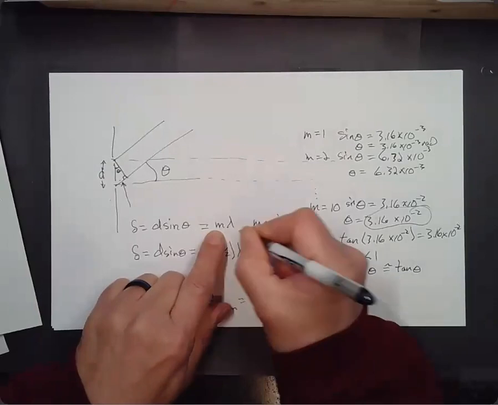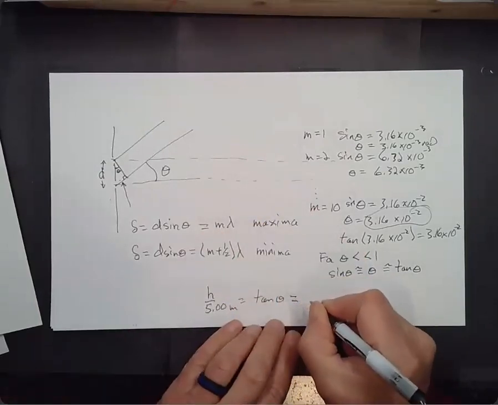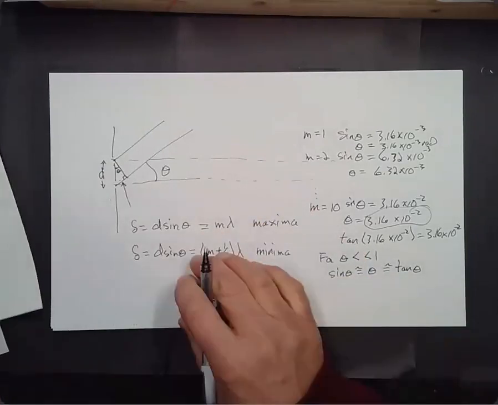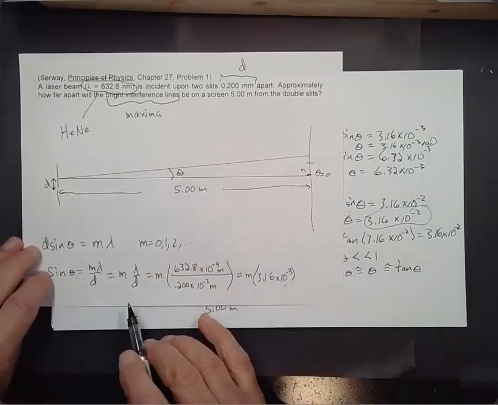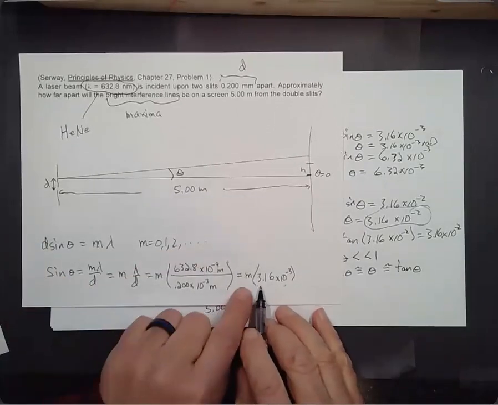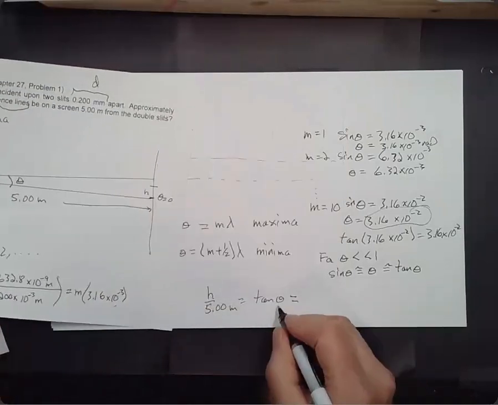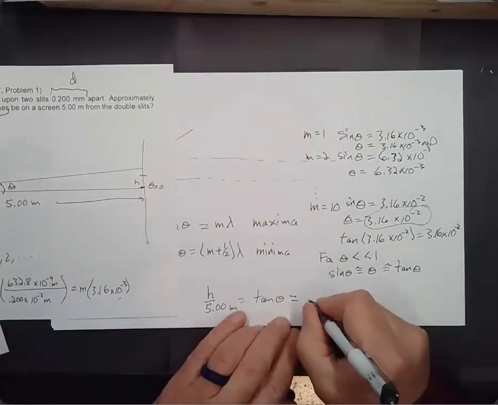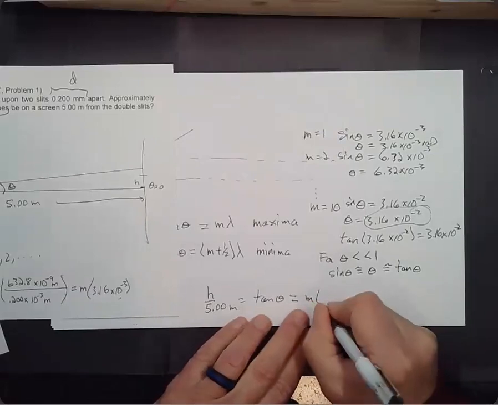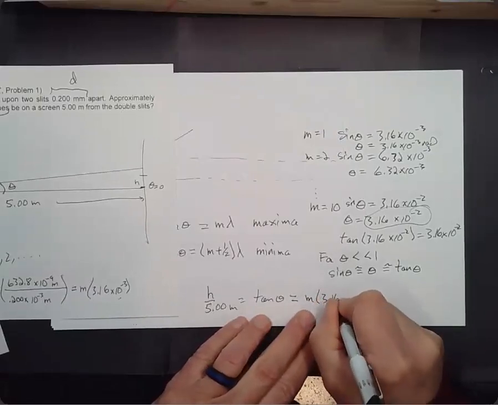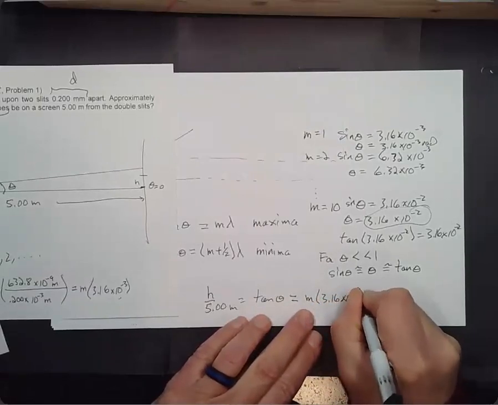Oh, we're after maxima. Here it is. The sine of theta was equal to m times 3.16 times 10 to the minus third. So is the tangent of theta. So it'll be m times 3.16 times 10 to the minus third.